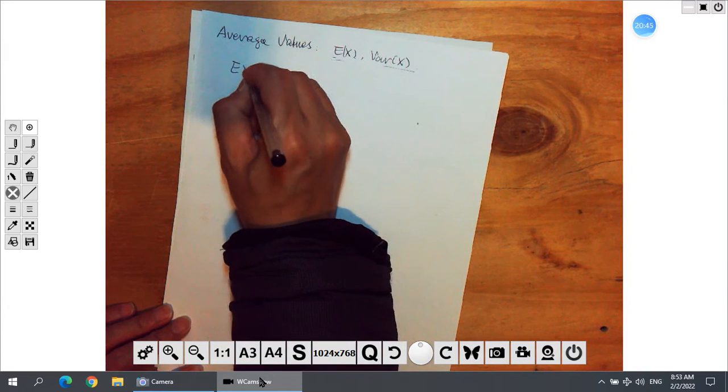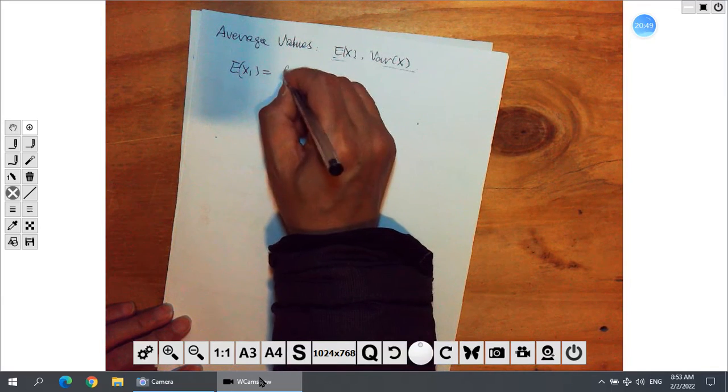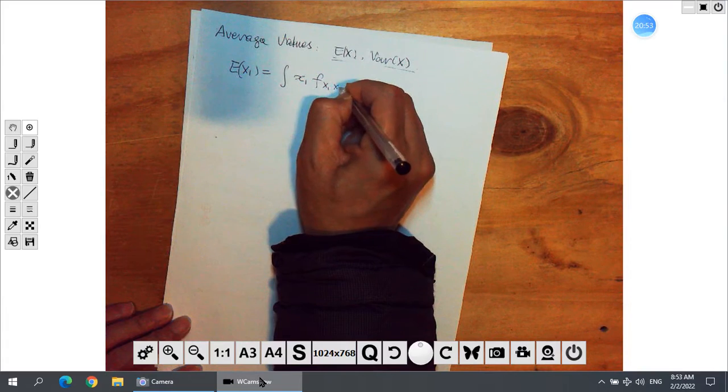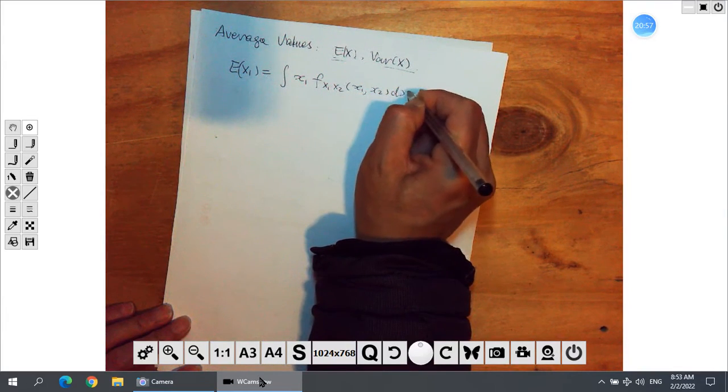E[X1] equals the integral of x1 times f(x1, x2) dx1 dx2.